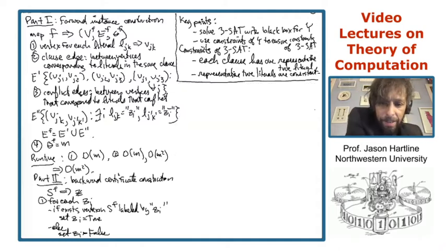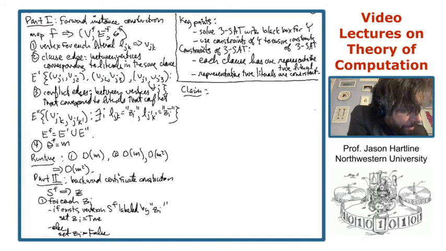All right, and now we need to prove that this algorithm always succeeds. Okay, so I'm going to start off with a claim. My claim is that if a vertex is labeled by z bar, then no vertices are labeled by z.